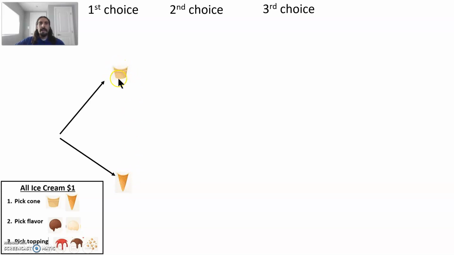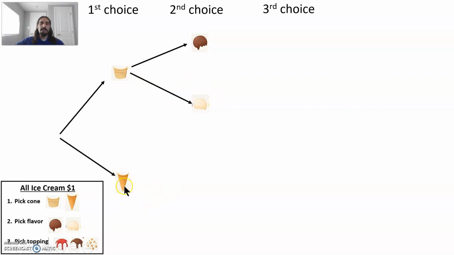Now, once I pick that first choice or that first cone, I then need to pick my ice cream flavor. And so we have a second choice. In this case, it's chocolate ice cream or vanilla ice cream. And it doesn't matter what my first choice was, I still have to pick my ice cream flavor.